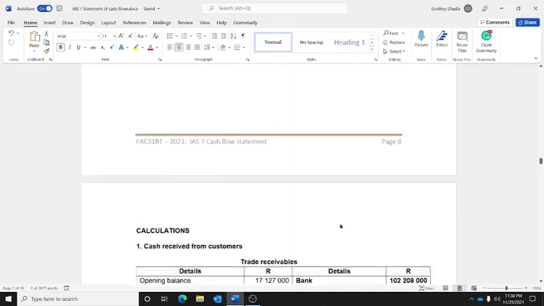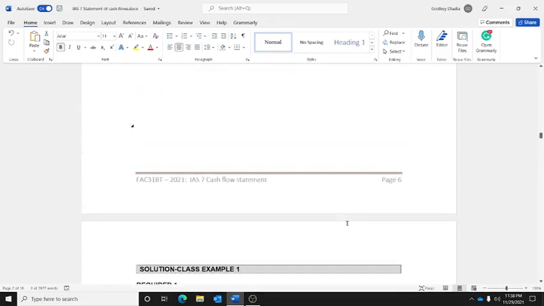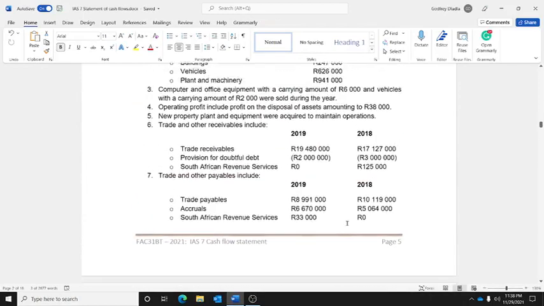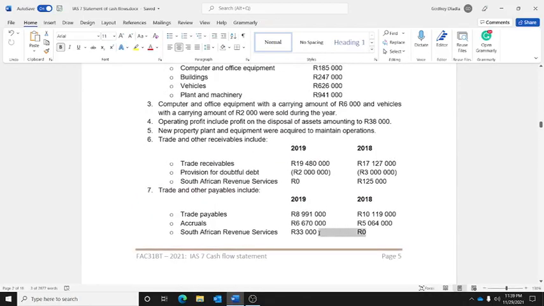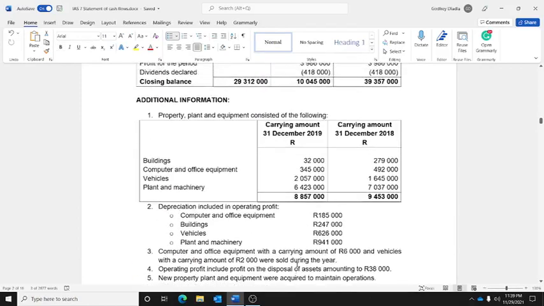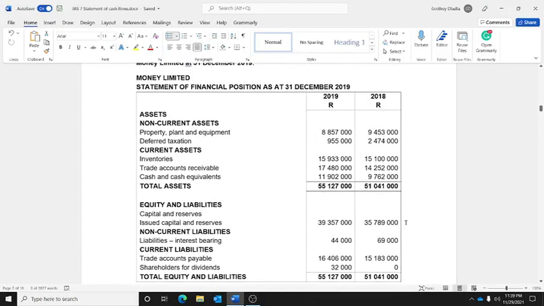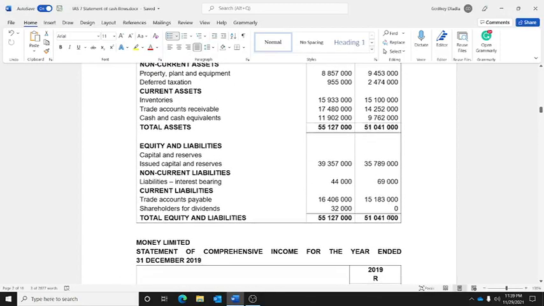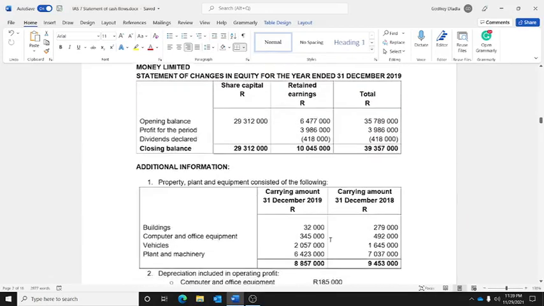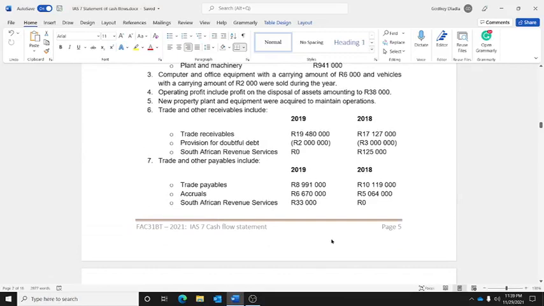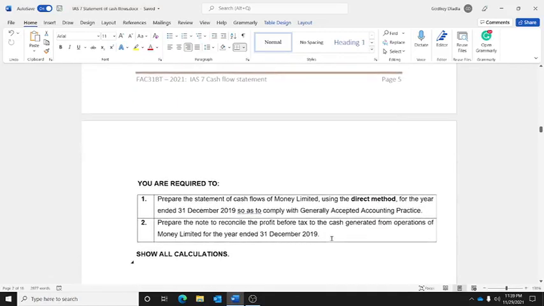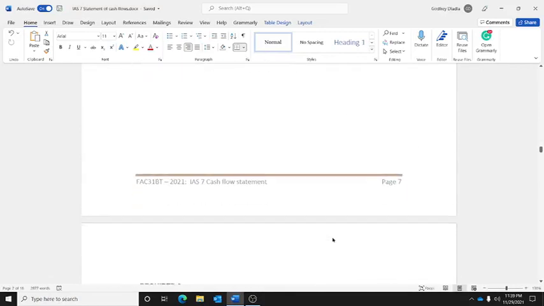What is our opening? Our opening under shareholders for dividend is 0, then our closing is 33. Right, let's check. Something doesn't make sense here. This is 0 and 32. This one is 33. Then that means we need to fix something there.